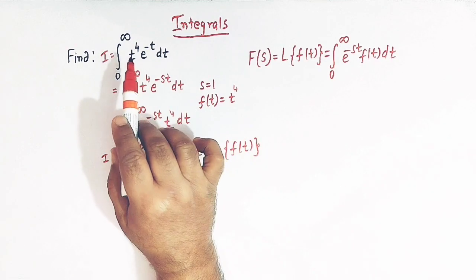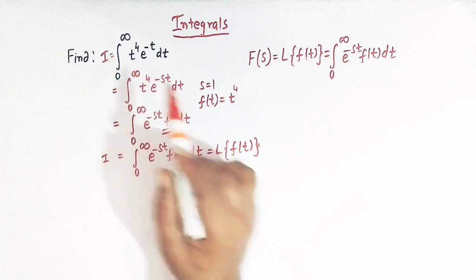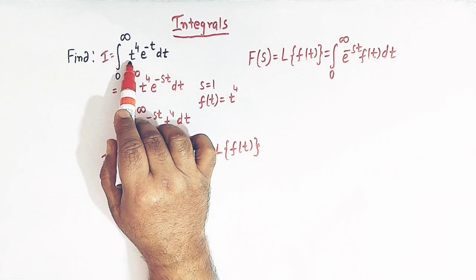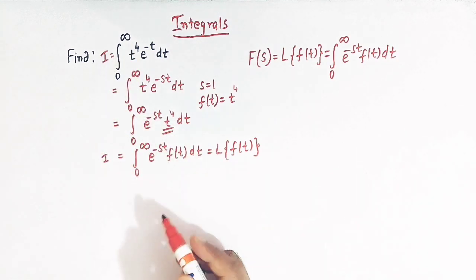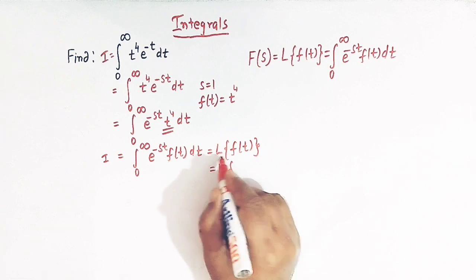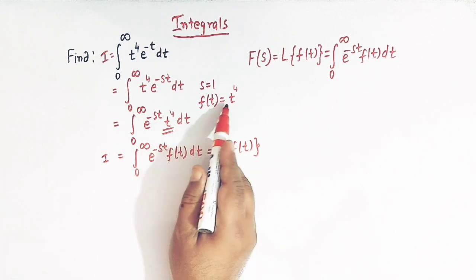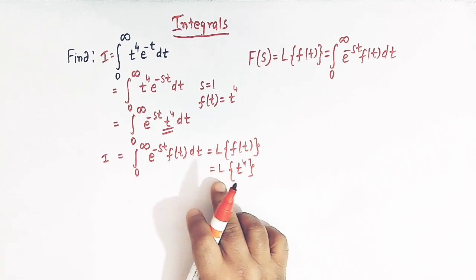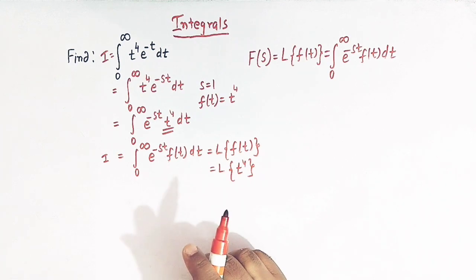We have converted this integral into the Laplace transform of the function t raised to 4. Now we just have to find the Laplace transform of t raised to 4.